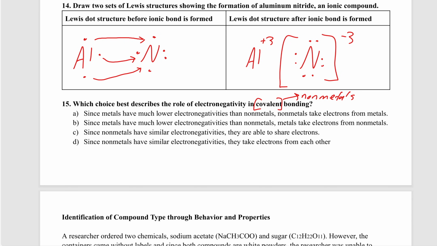So you're going to have nonmetals sharing electrons because they have similar electronegativities. They're not able to pull away from each other because they're both fairly strong at pulling electrons. If you're talking about ionic bonding, metals have really low electronegativities, so nonmetals are able to just straight up take electrons from them.